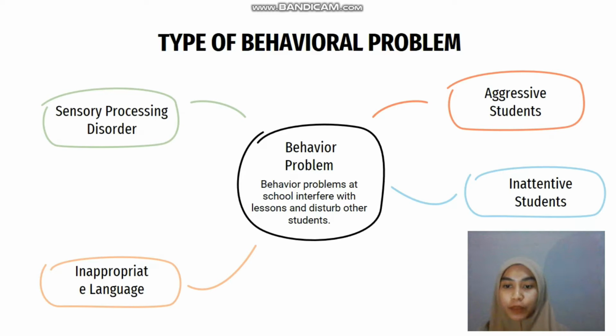Okay, next we move to the third type of behavioral problem, which is inappropriate language. Although fairly commonplace in the classroom, inappropriate language does not belong in school and is offensive to many students and teachers. Students may use foul language to impress their classmates or to get the attention of their teachers.